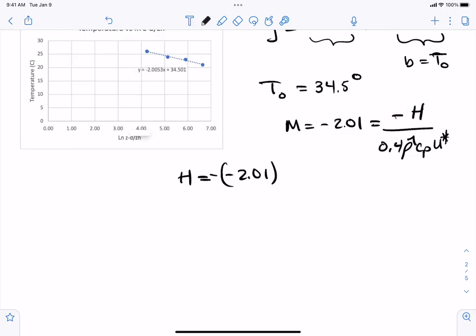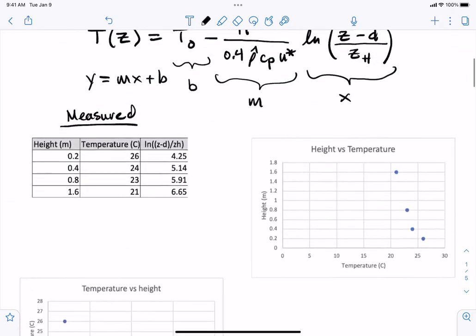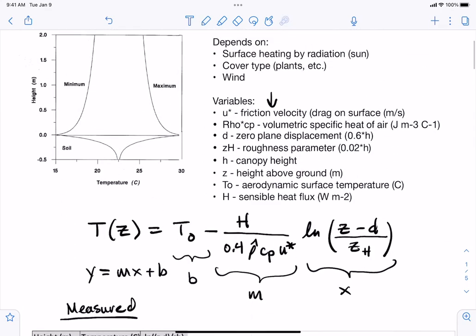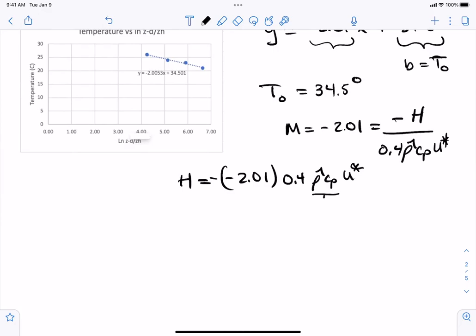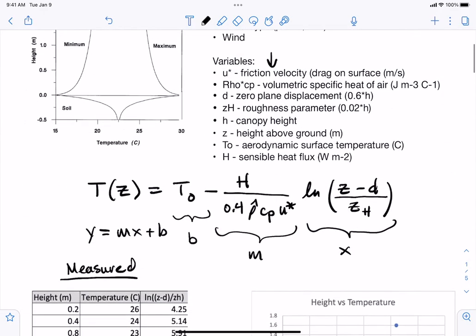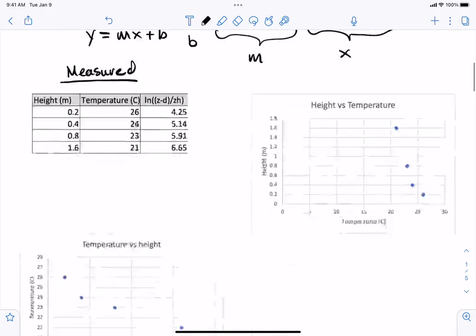Okay, and then we're going to multiply by 0.4 rho Cp times U star, and up here I gave you values for some of these. It's actually for air temperature of 20 degrees C, this is about 1200. And the units on that I've specified there, joules per meter cubed per C.